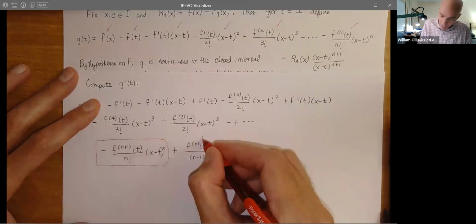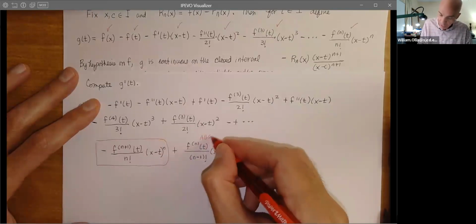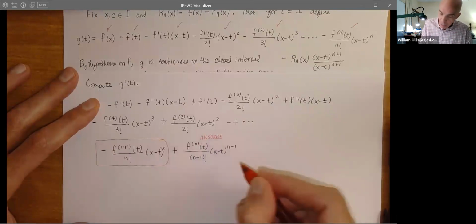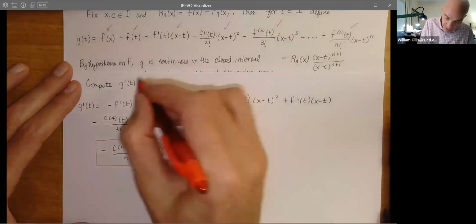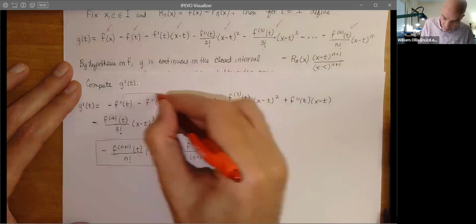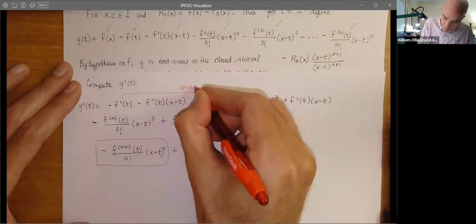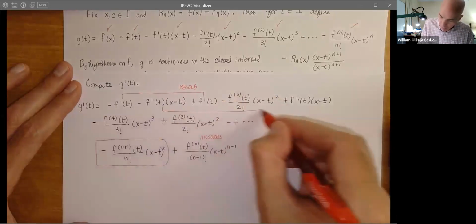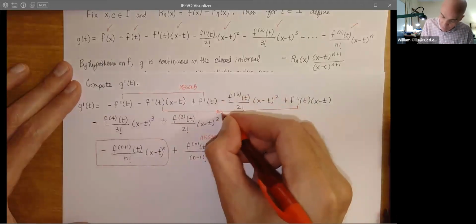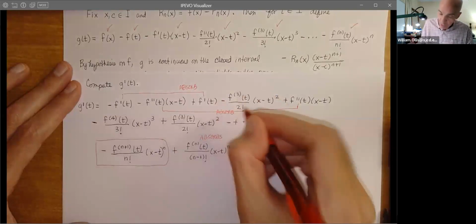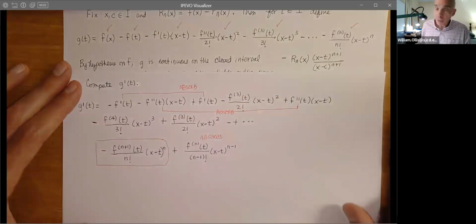This one absorbs because it's in the previous calculation with the minus sign. And so we can see absorb, absorb, etc. So this derivative, lo and behold, is telescoping.